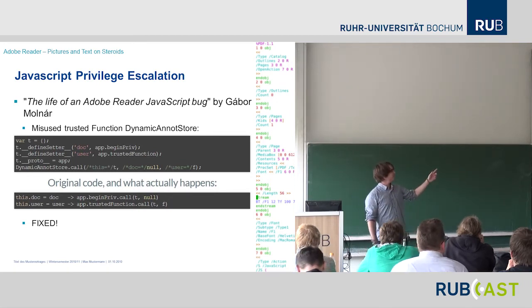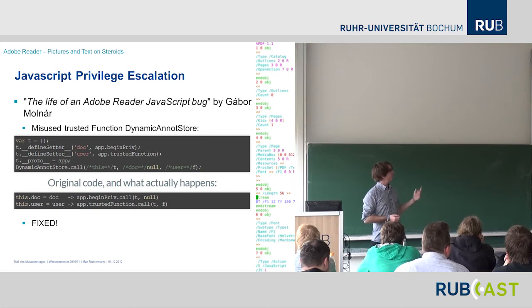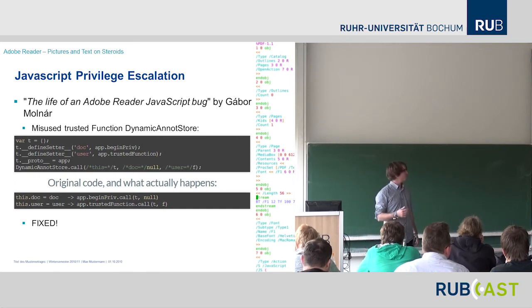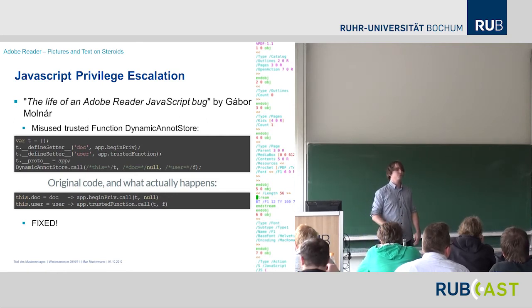And you can see on the left side what the original code did and what code was actually executed then. So this was a trusted function. So this.doc gets to app.beginPriv because it had a setter on it, which would call it with T and null. So it has no parameters anyway, so it will just start to get into this privileged mode.